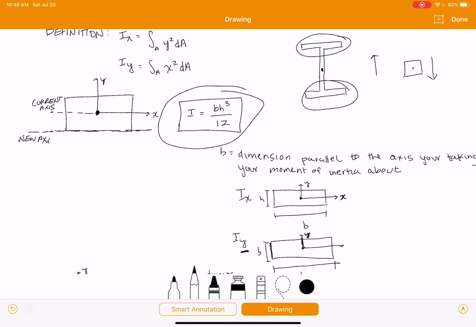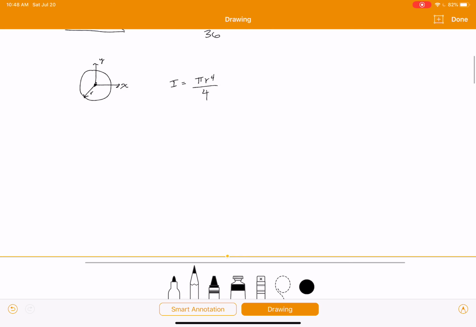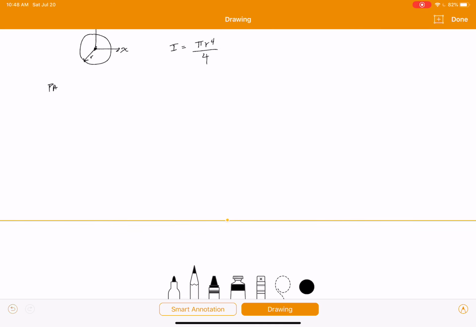We want the moment of inertia now taken about this axis right here. There's a thing called the parallel axis theorem. And this allows us to change the location of the axis that we're taking our moment of inertia about.